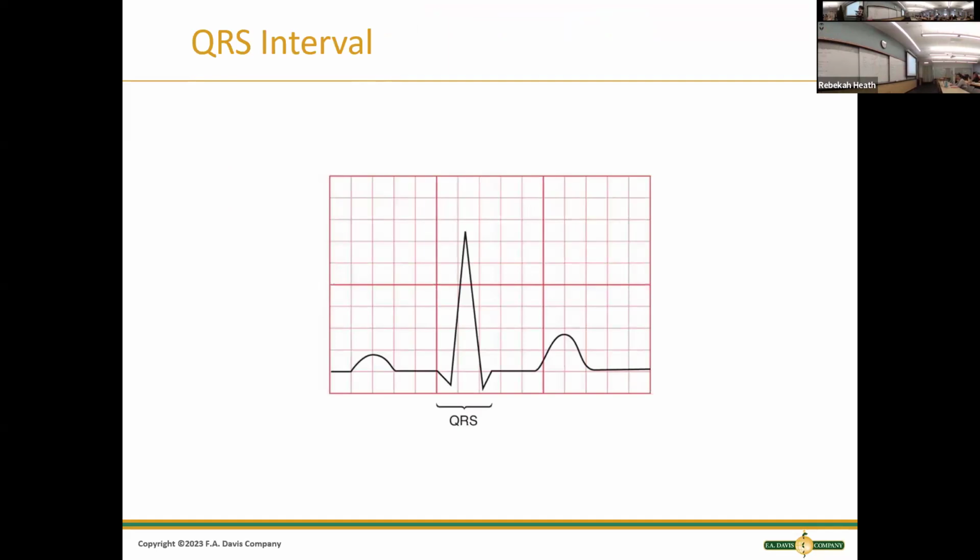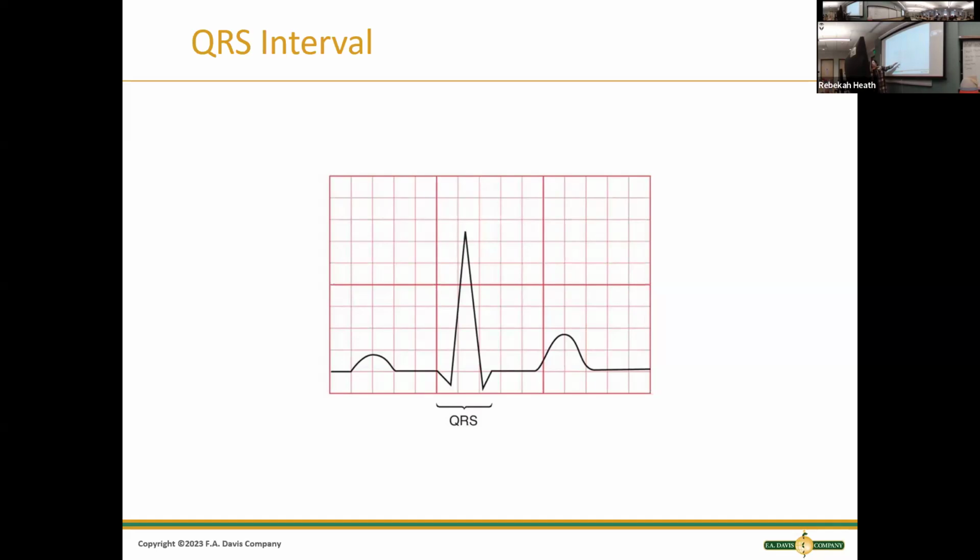So here, this is our QRS complex. Again, isn't this beautiful how they have it lined up right at the beginning of a line? So let's count how long this QRS complex is. It starts to deviate, so this is where we start it. And then it ends its deviation kind of right in the middle here. So how long is this QRS complex?